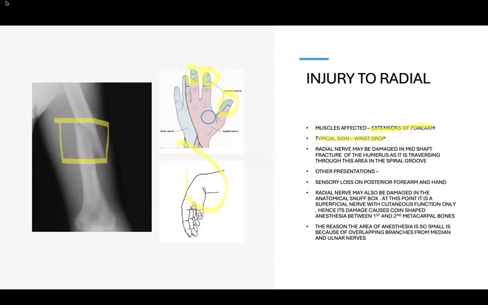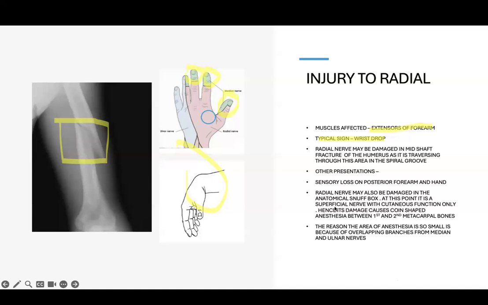So again, the radial nerve could be damaged other than in the spiral groove, the mid-shaft fracture. You could also damage it in the anatomical snuff box, which I'm sure you guys have taken in anatomy earlier. At this point, the only part of the radial nerve that's left are the superficial branches.